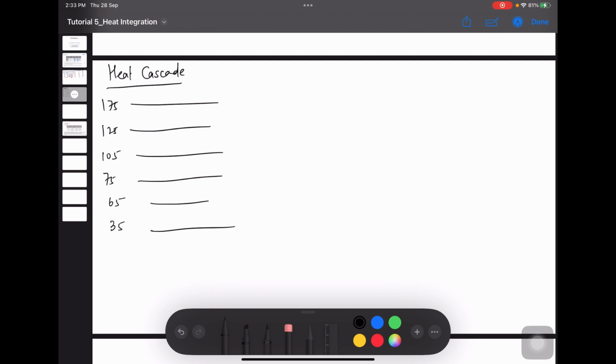On the top we have the hot utility. The heat will flow from top to bottom, from one interval to the lower interval. So I'm going to write all the enthalpies that we just calculated.